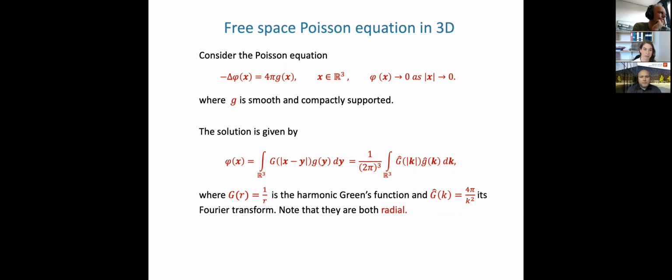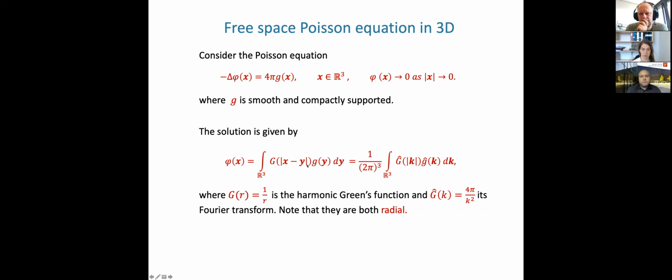So now let's write it like this, where G is just some smooth and compactly supported function, and we want to solve this equation. Well, we can write this as a convolution between the Green's function, which is just 1 over the distance, and this right-hand side. Or we can write that in Fourier space.